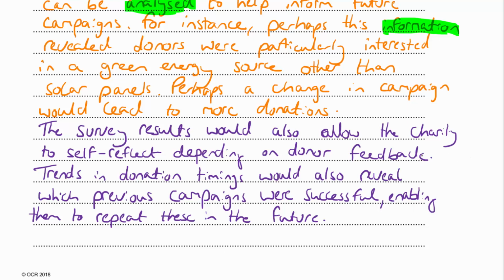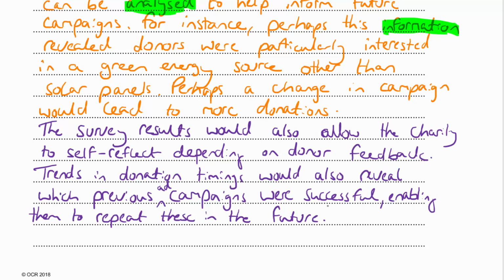I could elaborate here really, but then I moved on to a slightly separate point, saying trends in donation timings would also reveal which previous campaigns were successful, enabling them to repeat these in the future. Maybe I could say previous ad campaigns might make more sense here, but hopefully that makes sense, right? They can see maybe they did an advert in March and loads of donations came in April, and so that was successful. Maybe one in June did not really have much of an effect, so they could not repeat that.